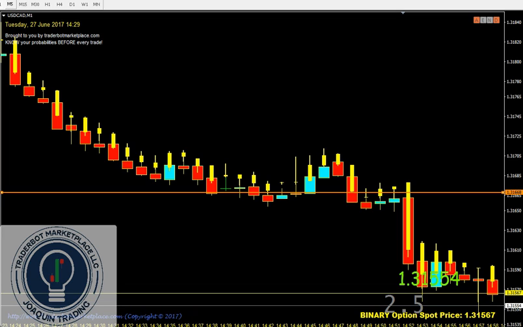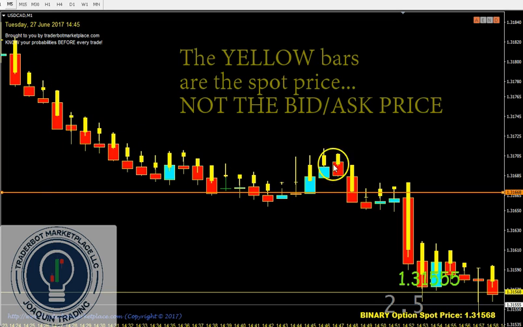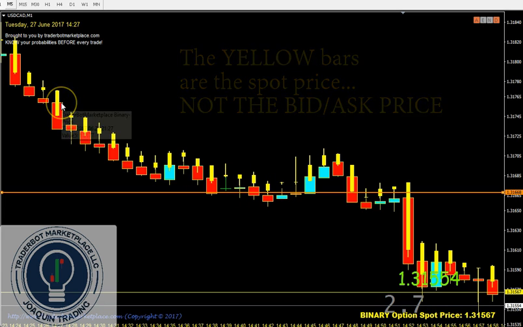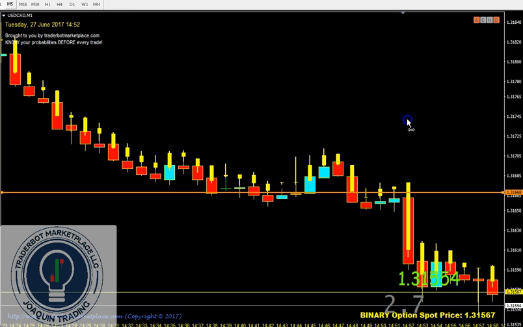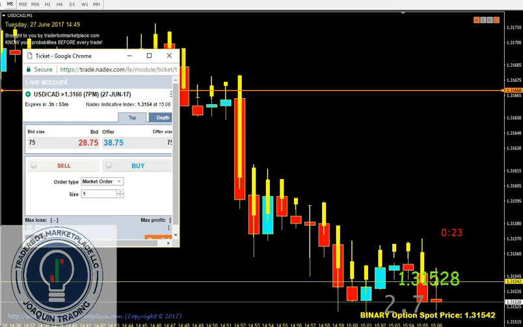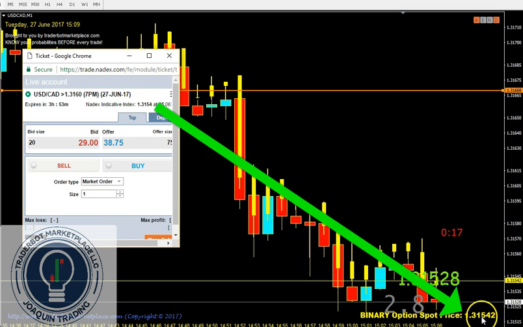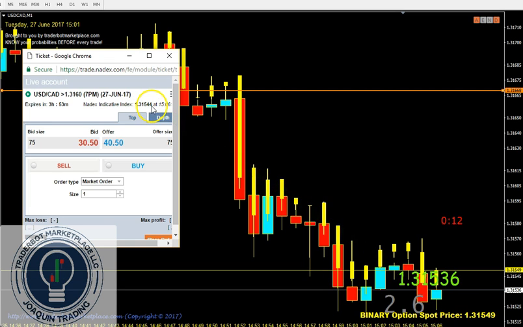Now, right here, you can see the same exact signal, and you can also see these yellow lines here. Now, what is this? This is the actual binary options price. This is where binary options price is right now. Let's take a look at the binary options price. You see it at 131.542, 131.54, 544.